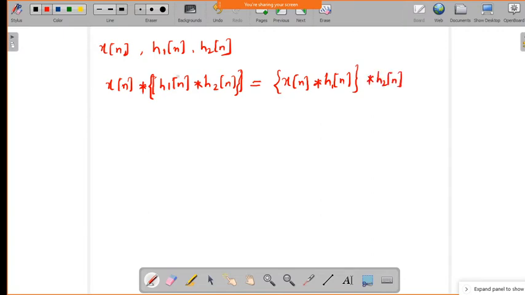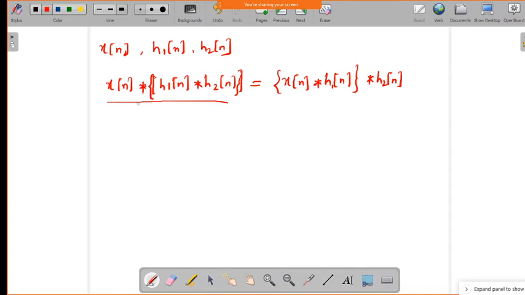So if you take the convolution of the resultant of h1 of n and h2 of n with the input signal, it is the same as convolving x of n with h1 of n and convolving the resultant with h2 of n. Those results will be equal. That is what the associative property is. Now you can take the left hand side or right hand side and try to prove that.